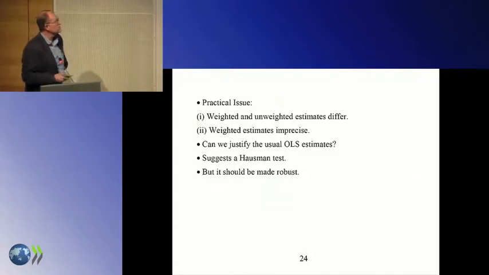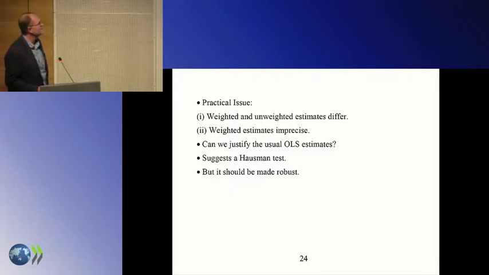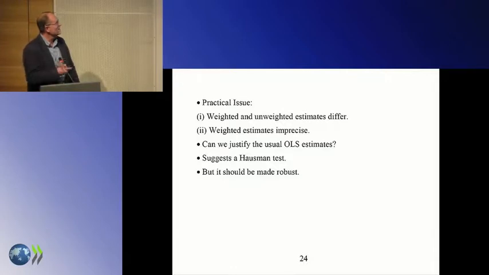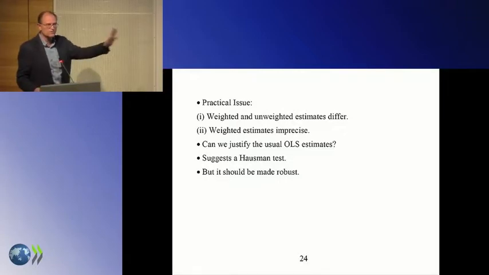Here are the practical issues, of course. You use the weights and you don't use them and you get different answers. So now maybe you like the unweighted estimates better. We're not supposed to say things like that, but it is the way it goes. And the weighted estimates are imprecise. So now, can we justify using ordinary least squares without the weights?